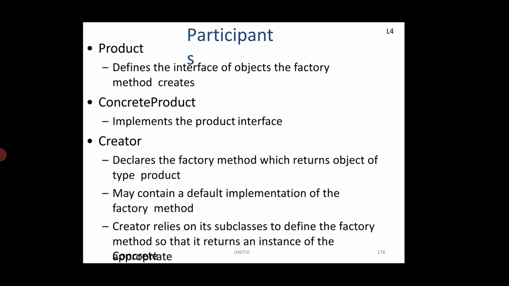Okay, let us explain the participants. One more participant is nothing but the concrete creator: creator in the sense application, concrete creator in the sense my application, overriding the factory method to return an instance of a concrete product.